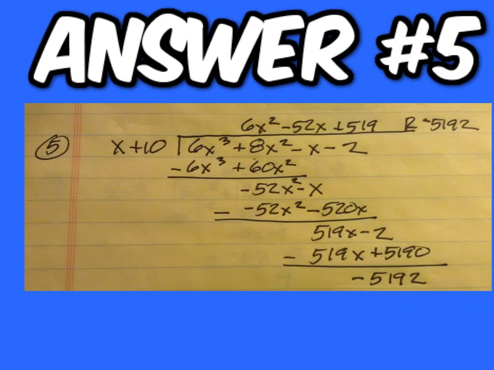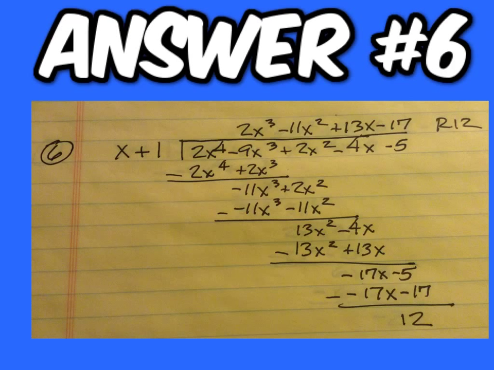Five is 6x squared minus 52x plus 519, remainder negative 5192. And 6 is 2x to the third minus 11x squared plus 13x minus 17, remainder 12.